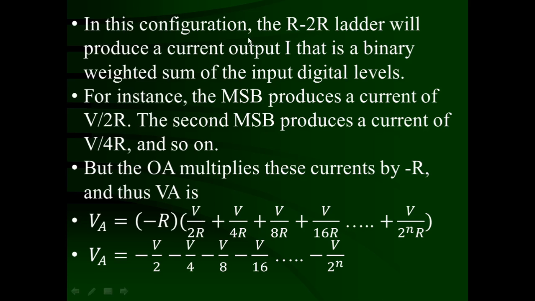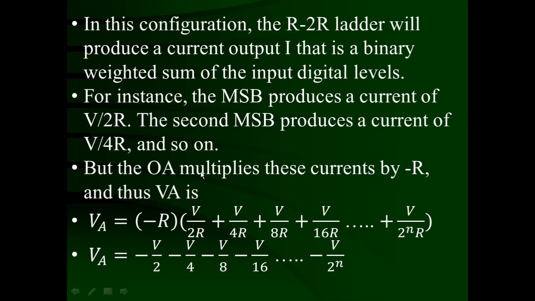In these configurations, the R-2R ladder will produce a current output I, that is a binary weighted sum of the input digital signals or levels. For instance, the MSB produces a current I1 equal to V upon 2R. The second MSB will produce a current I2 equal to V upon 4R, and so on.